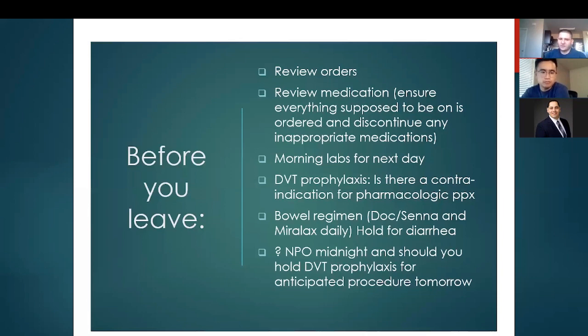He ate at 7 a.m. and anesthesia is refusing, or he got a DVT prophylaxis dose in the morning and we cannot do an LP on him. So just anticipate the procedures and always think about NPO and DVT prophylaxis being held.